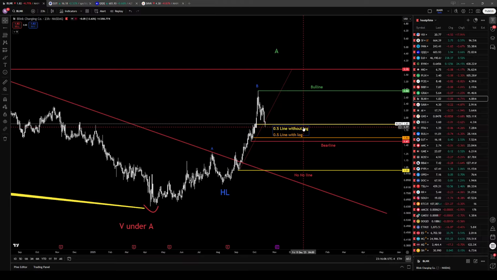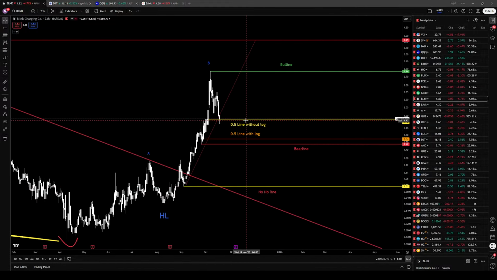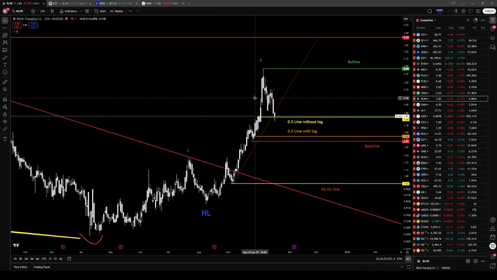I'm testing this right now because I always tracked the things with the fib retracement without log, and this was working fine. And now I always look at it with log too.